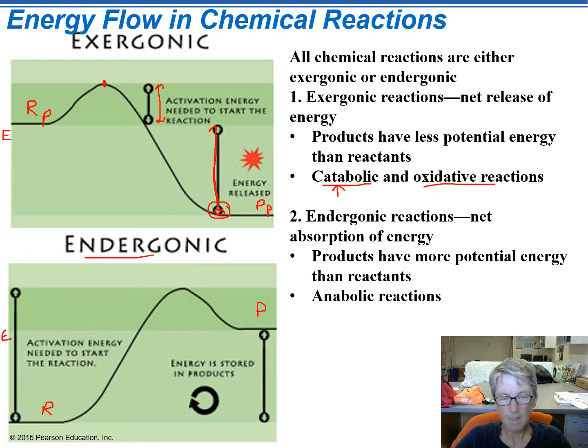If this is the product at this point, it's still got a lot of energy in it, right? Because you come over here and read energy off the y-axis. These products have a lot of energy, and this is their potential energy. This is energy stored in the products. Anabolic reactions are an example of an endergonic reaction.